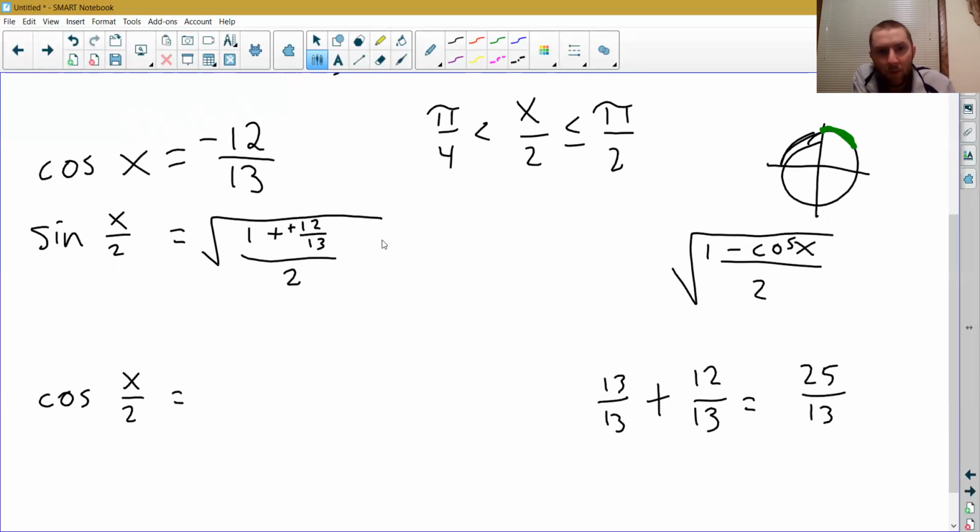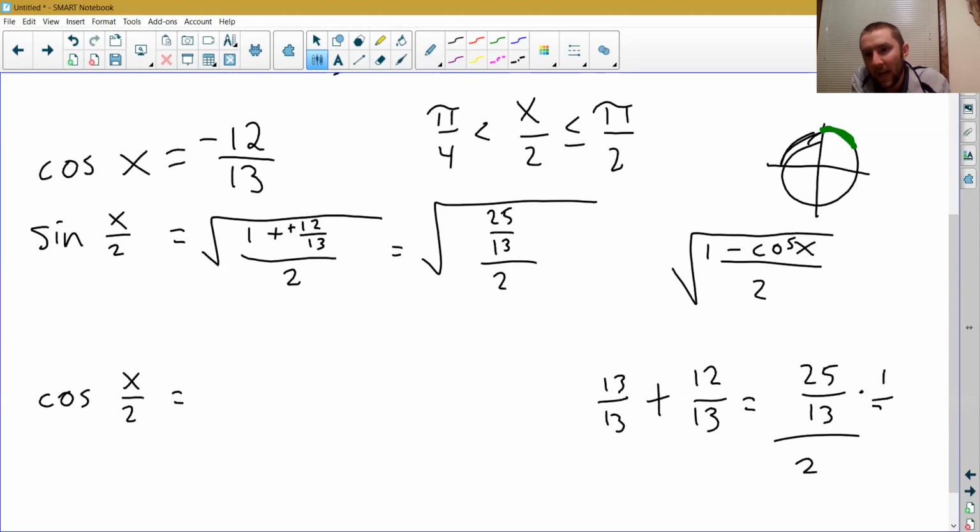So this is really the square root of 25 over 13 divided by 2. But what's 25 over 13 divided by 2? Well, that's sort of like multiplying by a half, isn't it? So doesn't it then become 25 over 26? Because 25 times 1 is 25, and 13 times 2 is 26. So the sine of x over 2 is equal to the square root of 25 over 26.